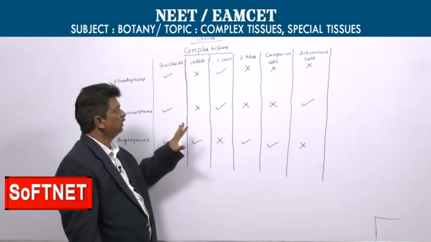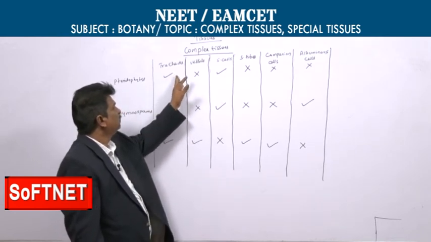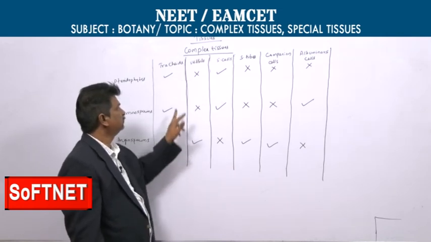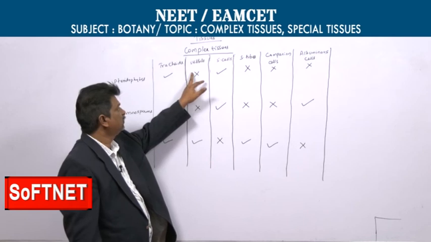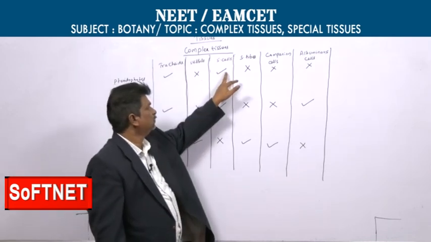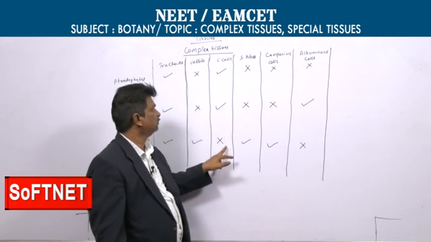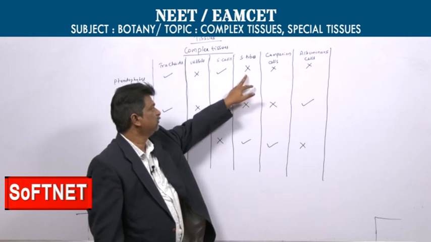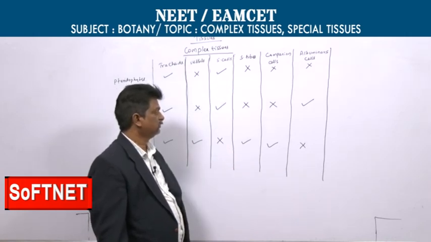So, one small summary: primitive conducting cells in xylem, tracheids. Advanced conducting cells in xylem, vessels. Primitive conducting cells in phloem, sieve cells. Advanced conducting cells in phloem, sieve tubes.